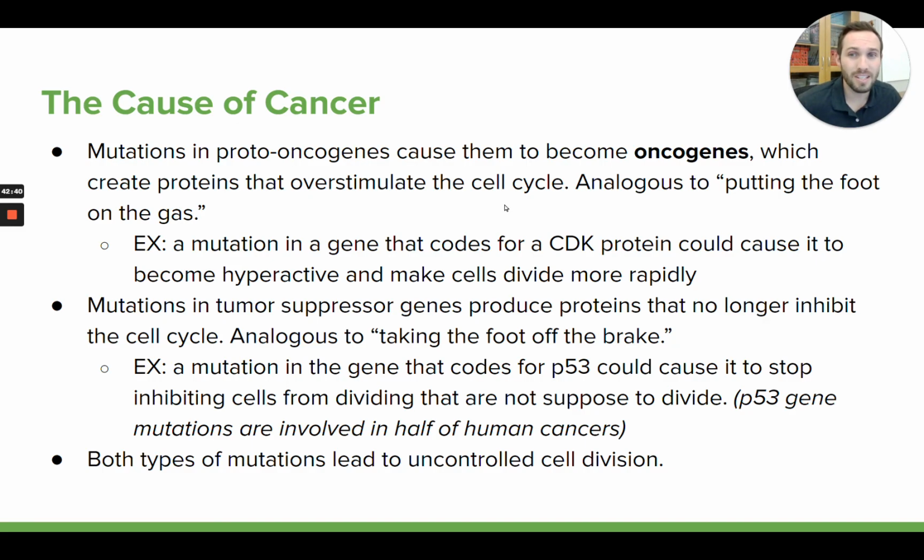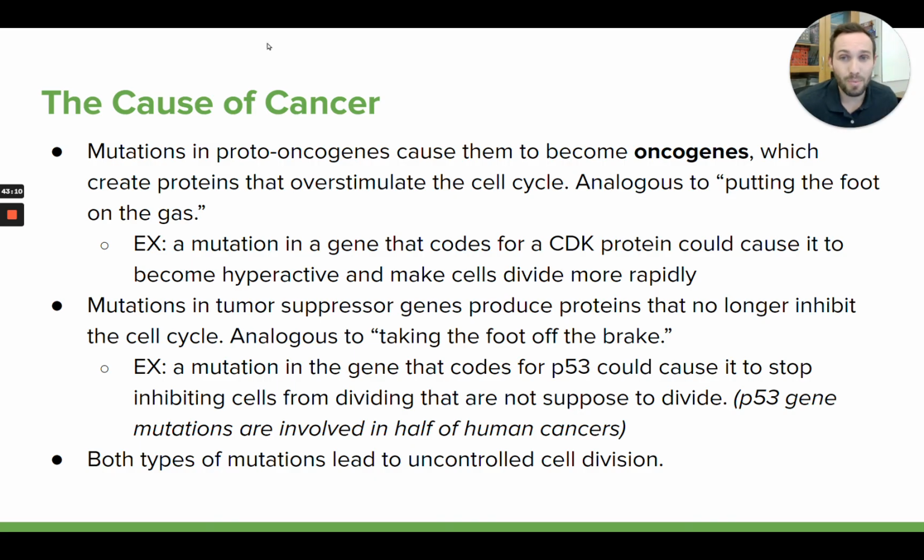They have accumulated a mutation that makes them way too sensitive or way too effective at doing what they're supposed to be doing, which, if you remember, the job of a proto-oncogene is to increase cell division. And sometimes a mutation in these proteins makes them increase cell division too much, way more than they're normally supposed to. That could lead to increased cell division and ultimately tumor formation and cancer.